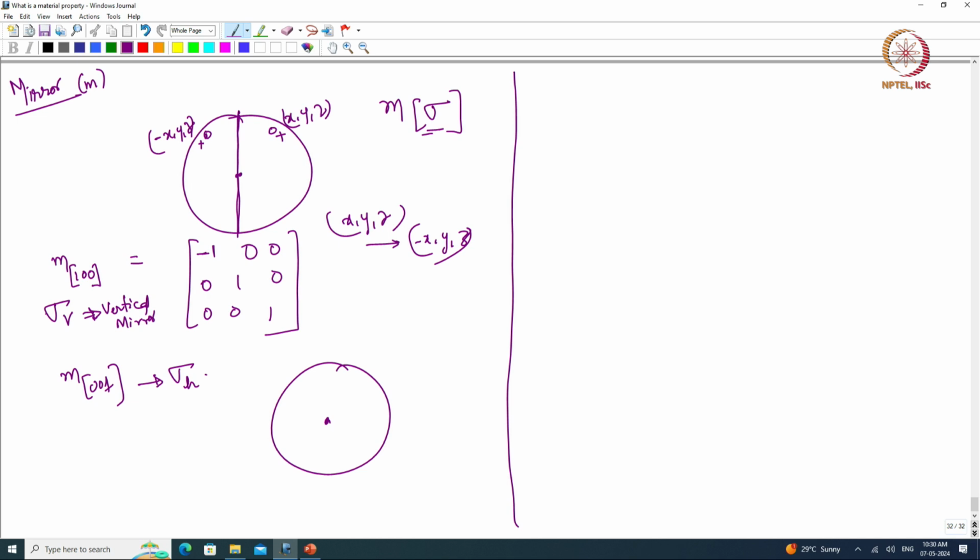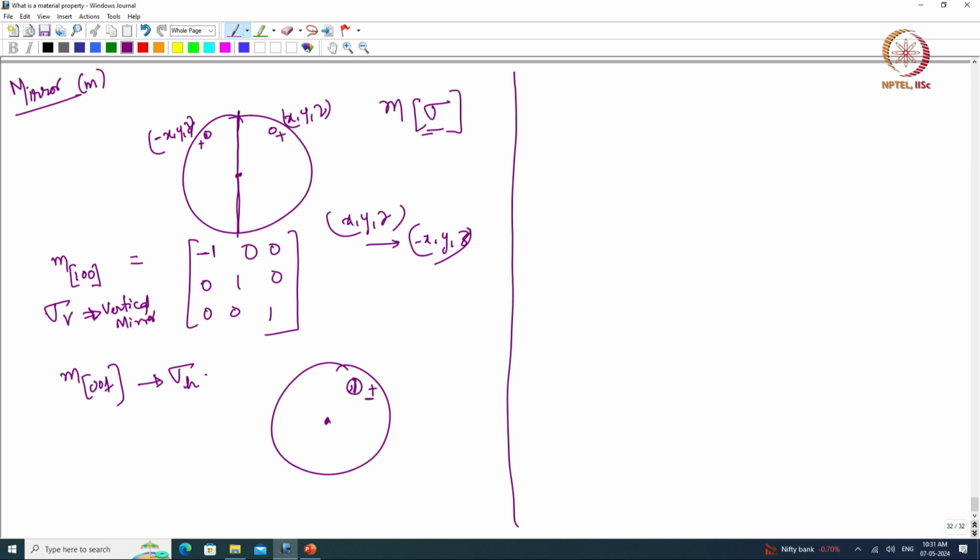So, now sigma h, what does it do? It takes a point which is facing up, and then I have a mirror that is horizontal. So, that point is going to face down. There is going to be plus and minus, and the chirality also changes. So, the way I represent it is I divide it into 2, one side I put a comma, the other side I do not put a comma.